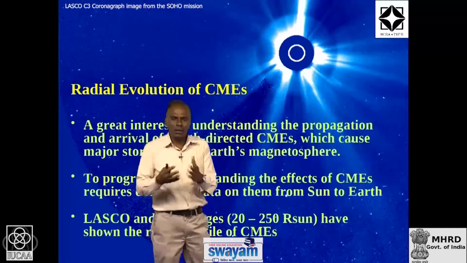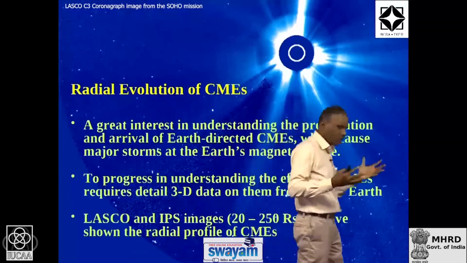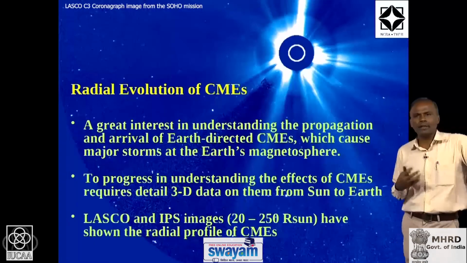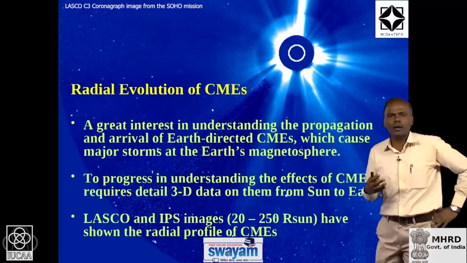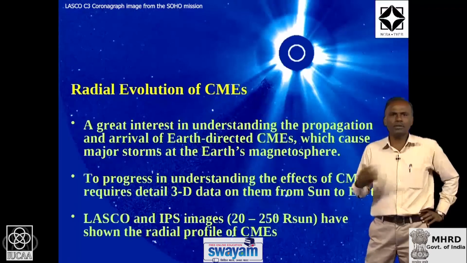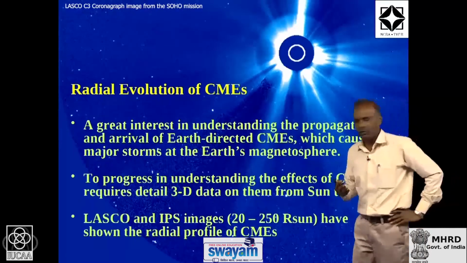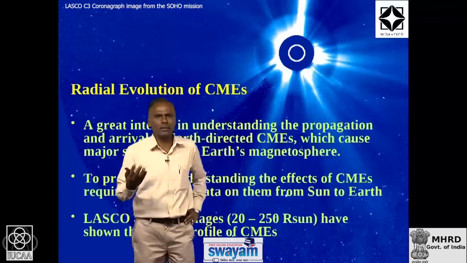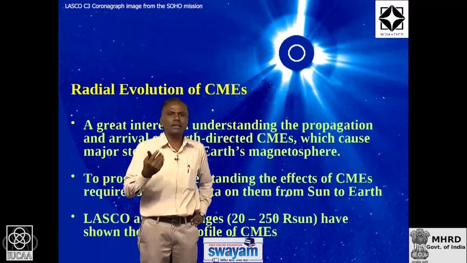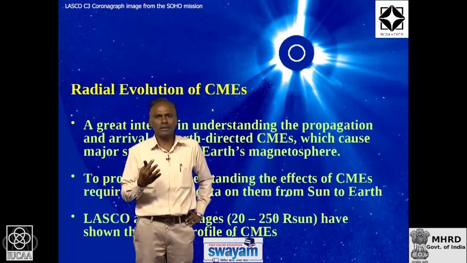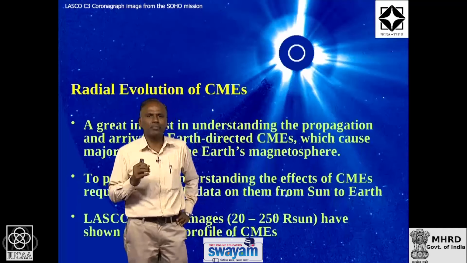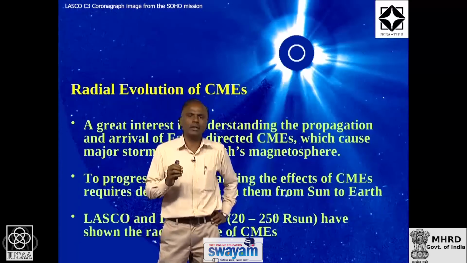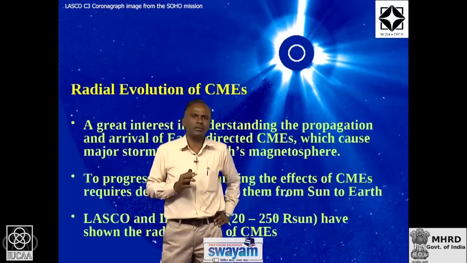Okay. So, now let us see how the transients they vary from sun to earth, because the radial evolution of coronal mass ejection, they are of great importance, because the coronal mass ejections, they produce severe magnetic storm at the earth magnetosphere.